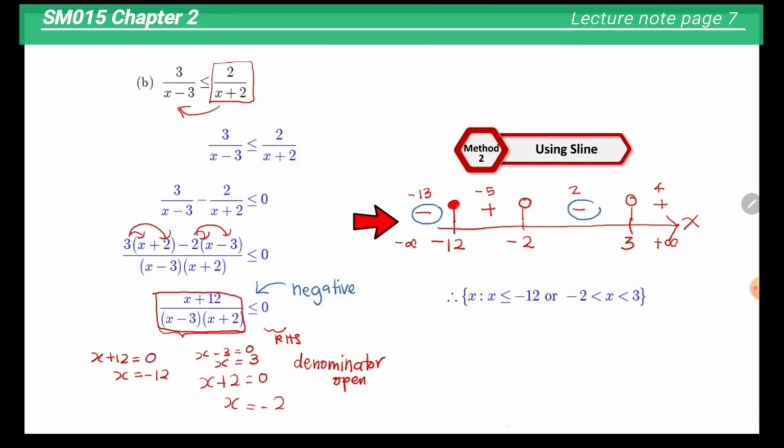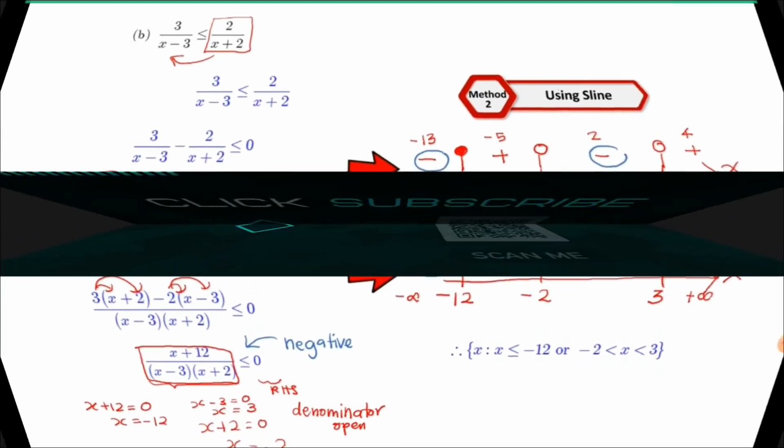So we can write the answer like this: x ≤ -12 or -2 < x < 3. You can see that for -2 and 3, it is open, and it is only closed for -12. That's all for our rational inequalities. Happy learning!